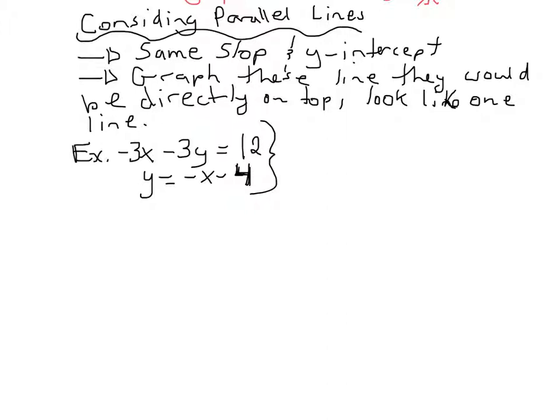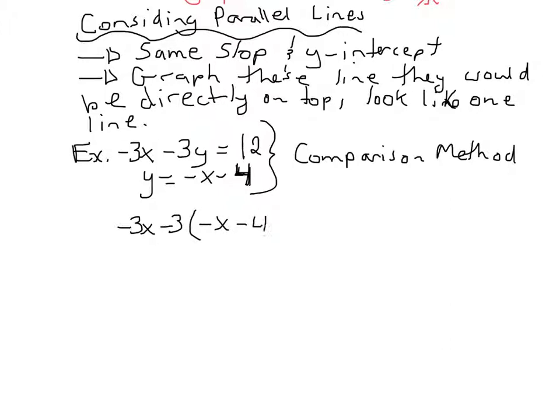So we would just go about solving these using the comparison method. We go to our top equation and rewrite it: negative 3x minus 3 times negative x minus 4 equals 12.